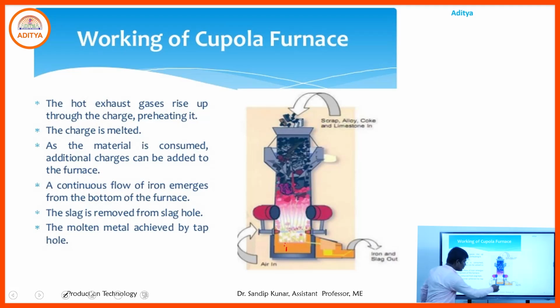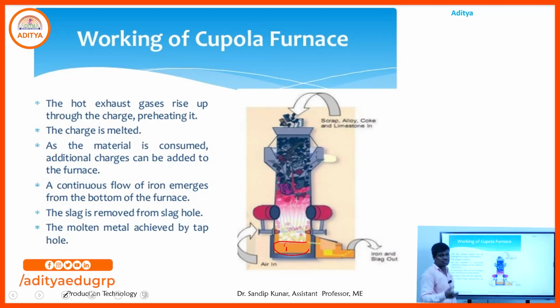There is an oil zone, a well, where the molten metal will be accumulated. After accumulation of the molten metal, we take it out through the tapping hole, easily, into the ladle.